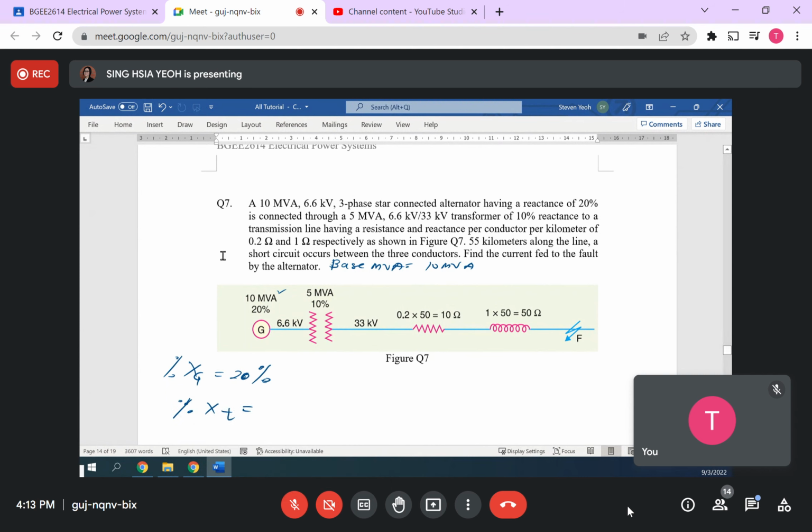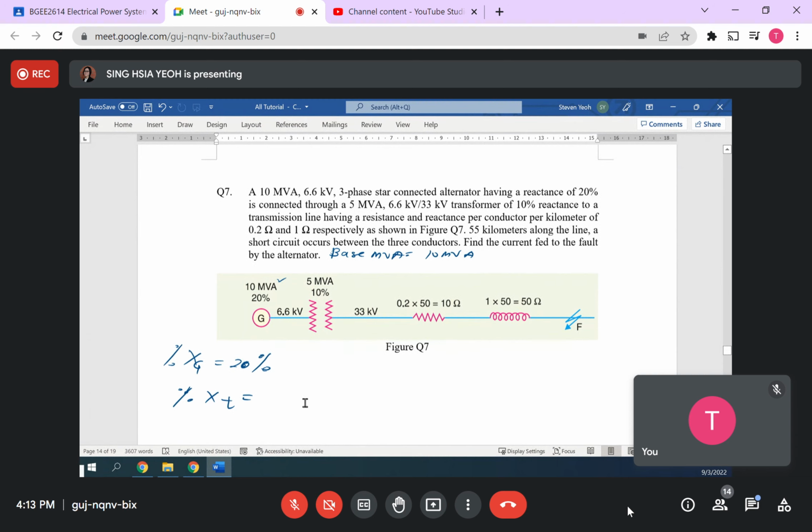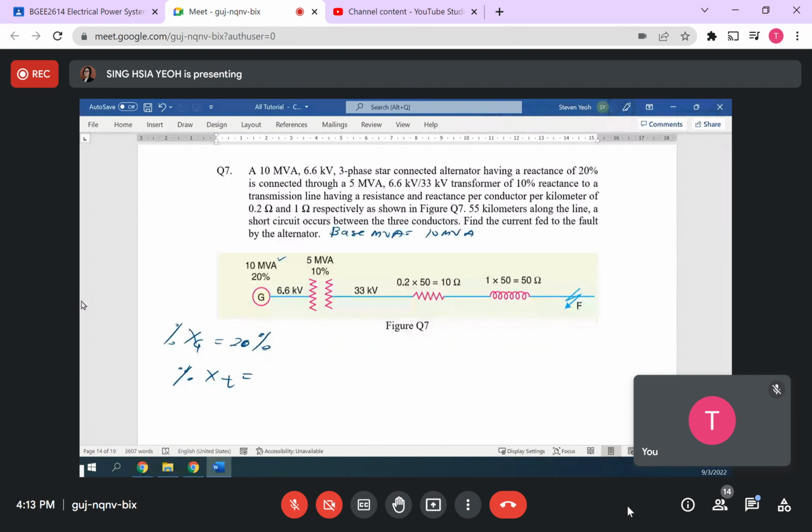So the transformer is what? 5 MVA and 10 MVA. Then 5 MVA is 5 MVA, right? Now you want to change it to 10 MVA, so it will be 20%, right? So you use a ratio method, 10 divided by 5, then times with 10, then you get 20%.